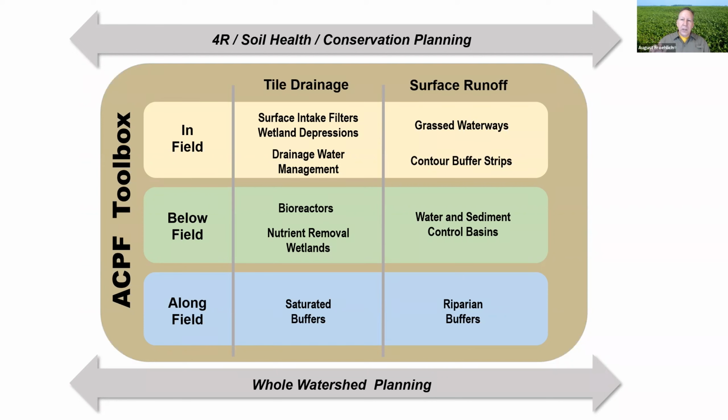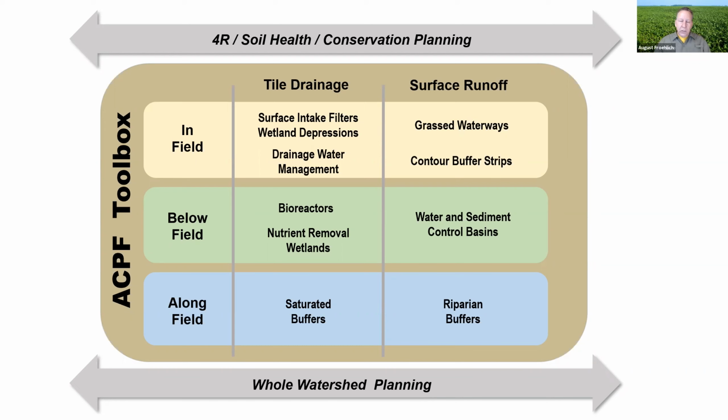Specifically in the ACPF Toolbox, and this is my way of thinking of this, there are three ways that the practices are applied for two different purposes. There's tile drainage, which I'm going to assume everyone understands, subsurface runoff, and then surface runoff.